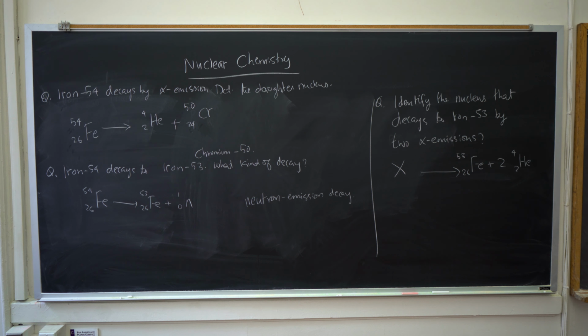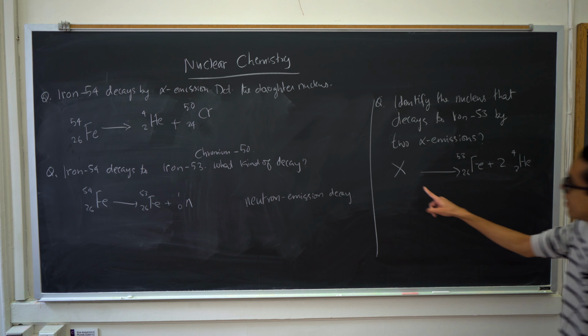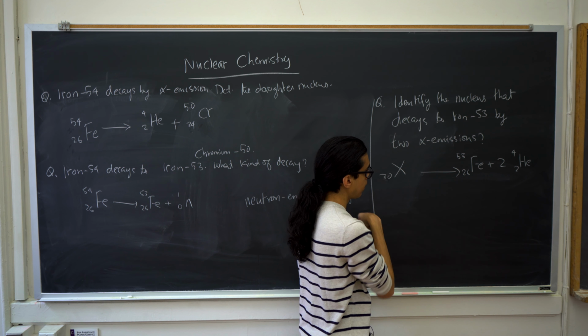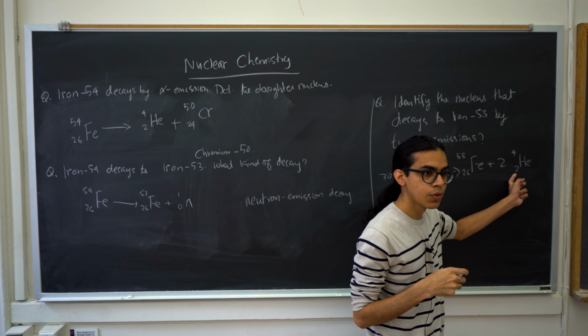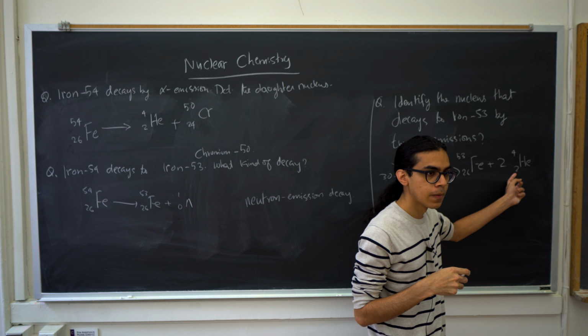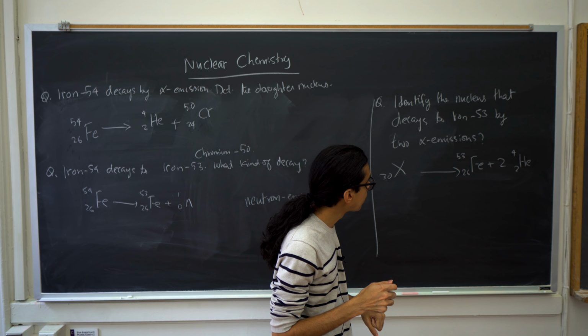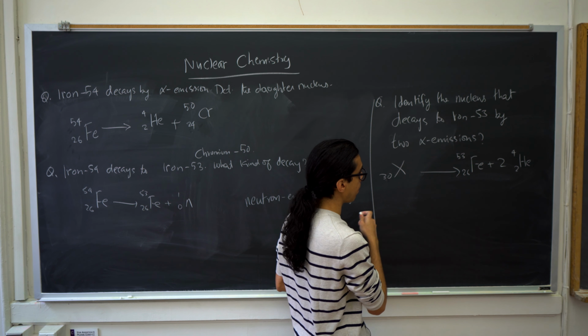Two alpha emissions, so 2 alpha particles get produced. Now tell me the numbers on the other thing. Anyone for the bottom number? 30, excellent. 26, and then there's 2 copies of 2's on the bottom. So that's 4 plus 26, 30. And the top number? 61.